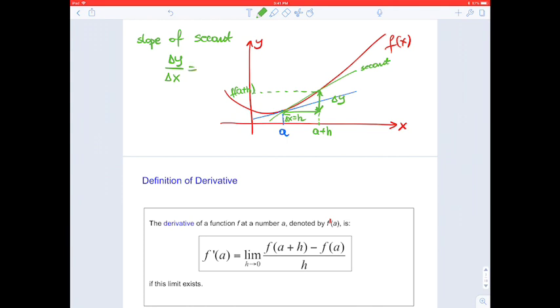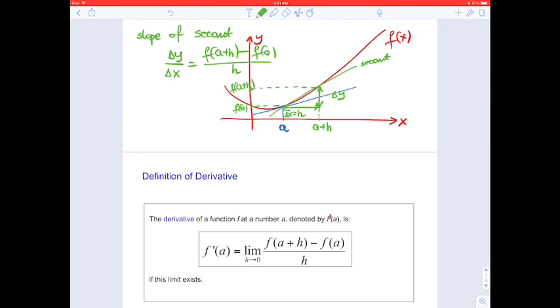To find delta y, we simply need the top value, f of a plus h, minus the bottom one, f of a, all over delta x, which is h. We recognize this is the same expression. However, without the limit, it's just the slope of the secant.